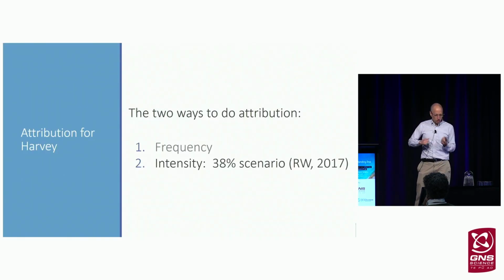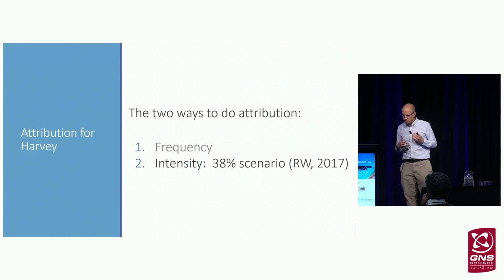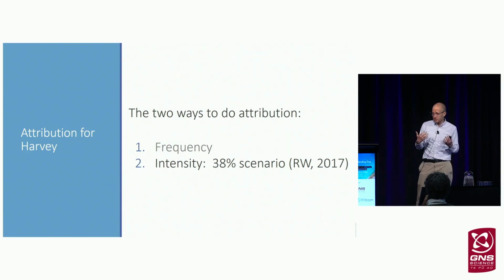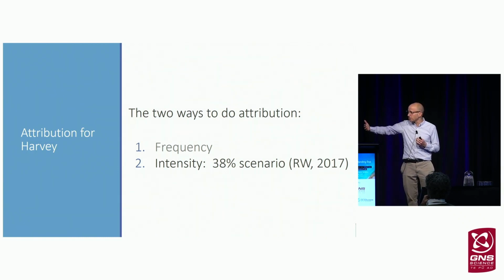Okay? So you can think of attribution as sort of 2 ways. You can think of the change in the frequency or the change in the intensity. Here we are focusing on the change of the intensity. And specifically, there are several papers that have looked at the changing intensity of that event. So how much more intense that event became because of climate change.